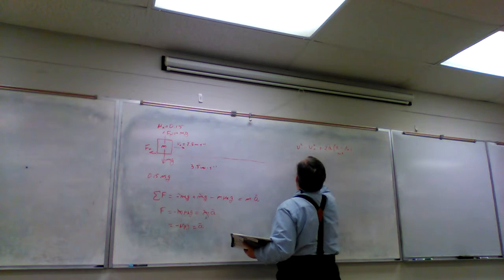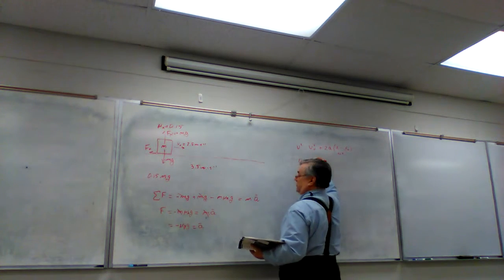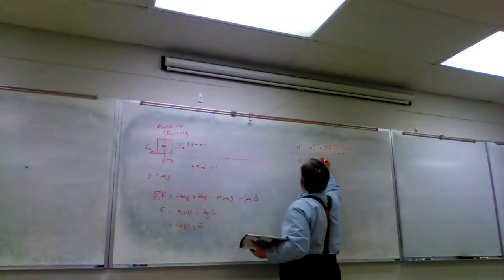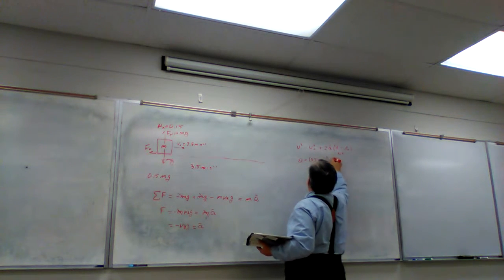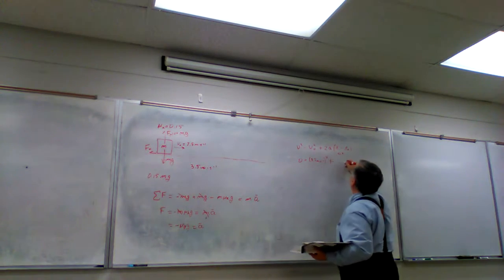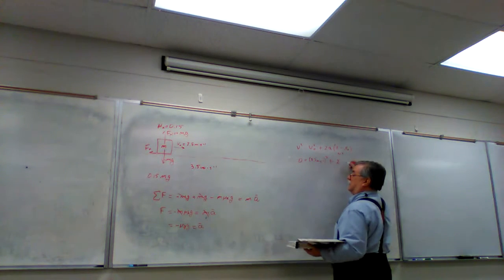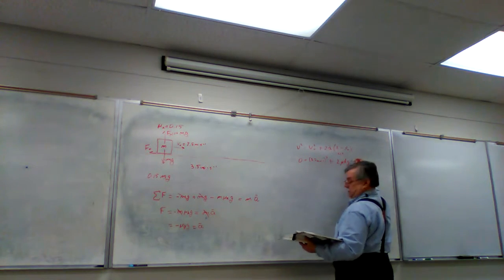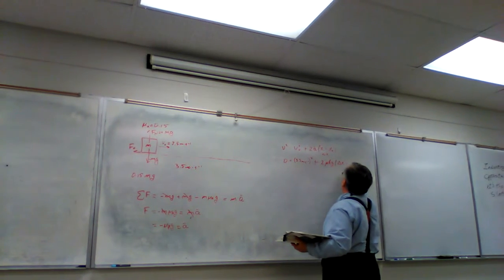Well, we know the final velocity we're looking for is 0. We know its initial velocity is 3.5 meters per second. Square that and add 2 times our acceleration, which is mu sub k g, times delta x.